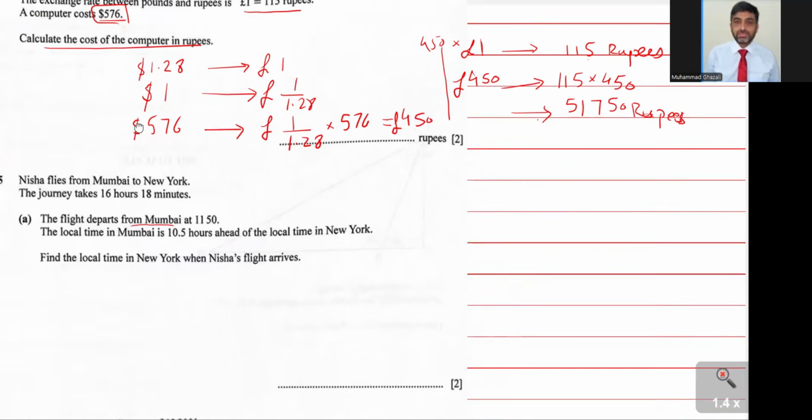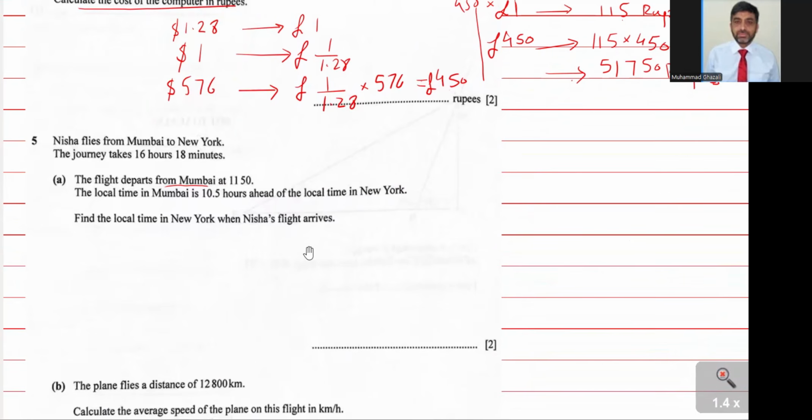Next, question number 5. Nisha flies from Bombay to New York. The journey takes 16 hours 18 minutes. The flight departs from Bombay at 11:50. The local time in Bombay is 10.5 hours ahead of the local time in New York. Find the local time in New York when Nisha's flight arrives. We have to calculate the arrival time.